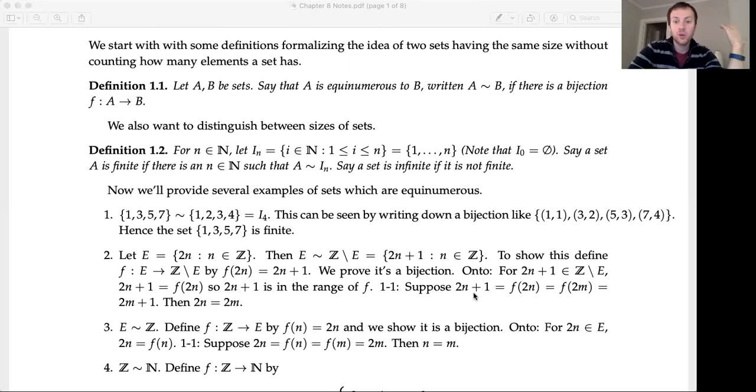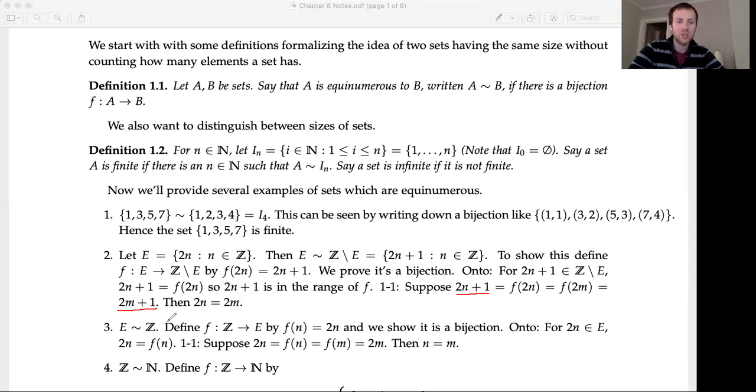This is also 1 to 1, because if you have two inputs, 2n and 2m, that get sent to the same place, well, that means that f of 2n, our function says, is the odd number right after it. F of 2m is the odd number right after that.